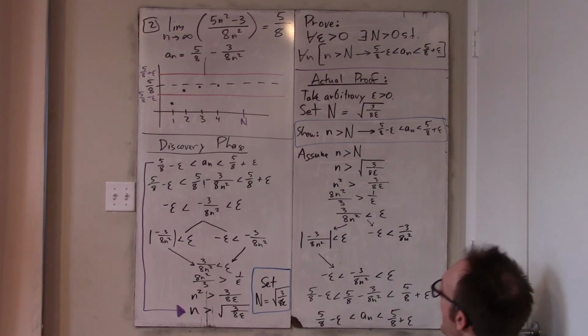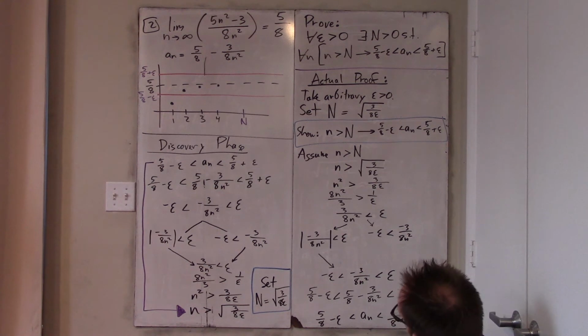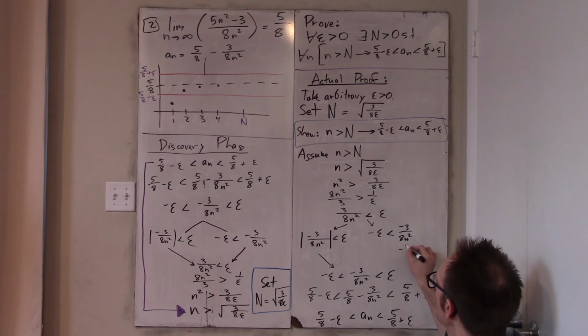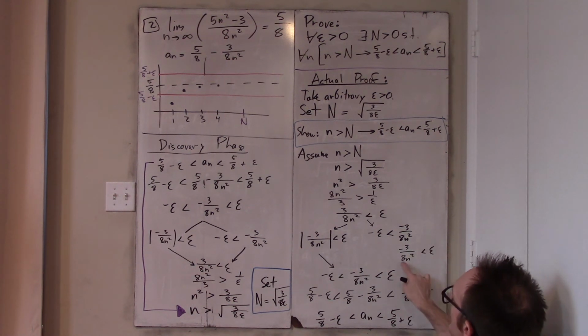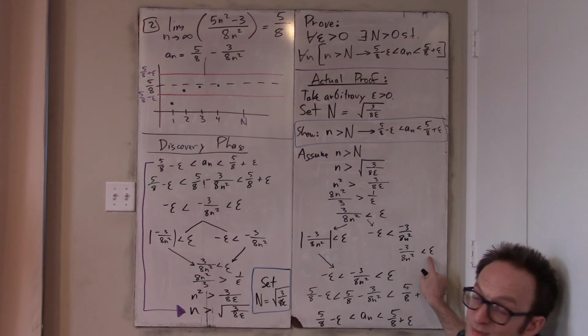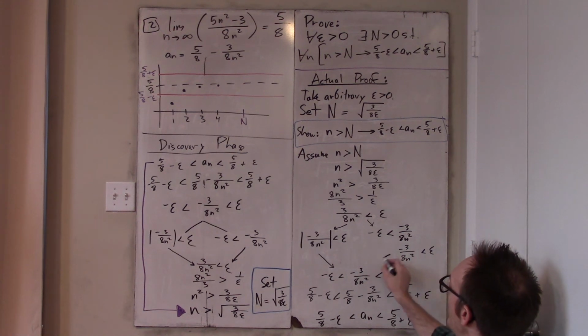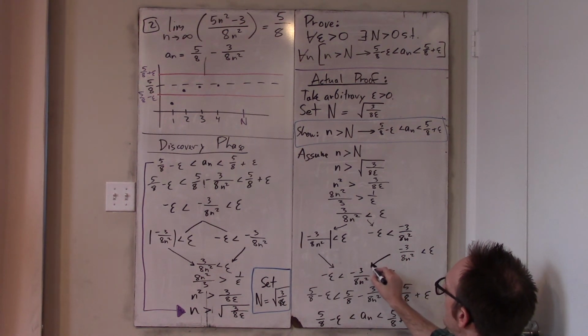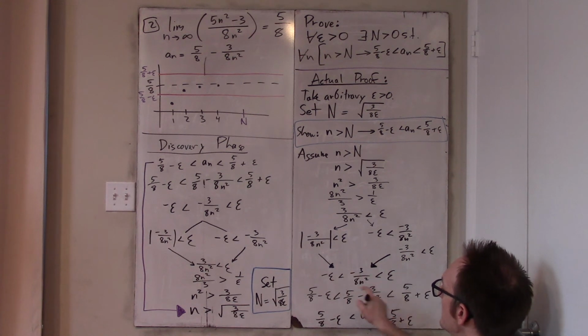Okay? Now, combine that with the obvious fact that negative 3 over 8n squared is less than epsilon, because any negative number is going to be less than epsilon, because epsilon is positive. And that is an alternative way of getting to this point.